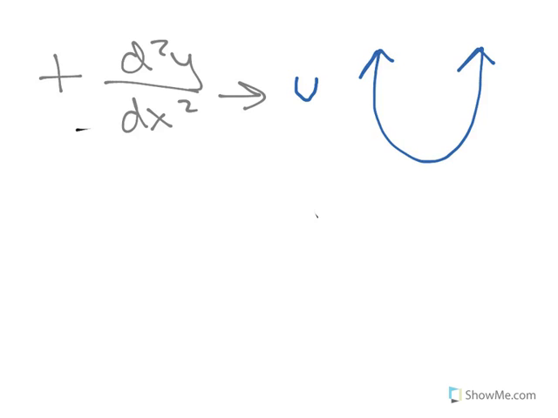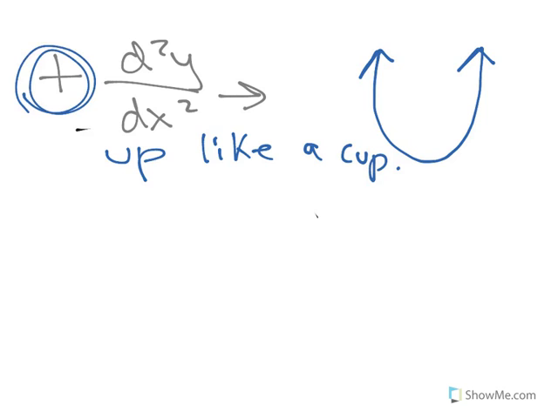Whenever you have a positive second derivative, it must look something like this. I think some teachers like to say up like a cup. So up like a cup, and that's when you have a positive second derivative.